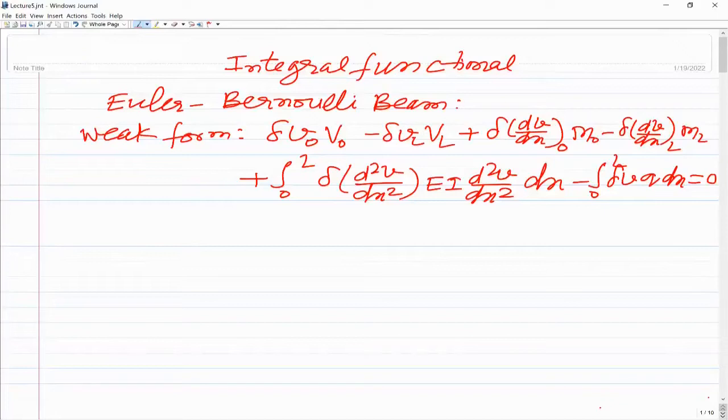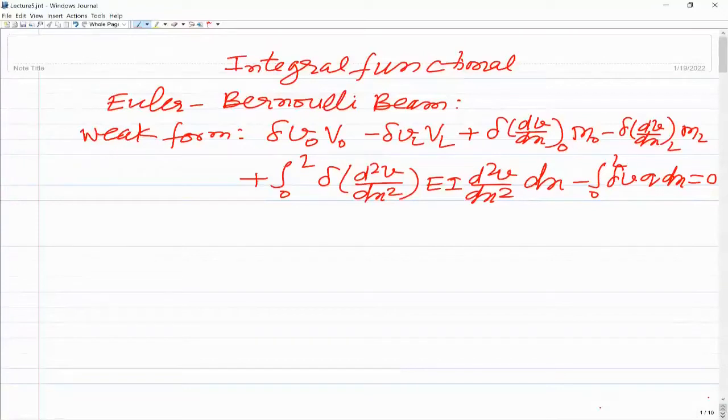But if the differential equation involves odd order derivatives, say first derivative, third derivative, fifth derivative, then you will not be able to distribute the derivatives equally between the weight function and the unknown variable.